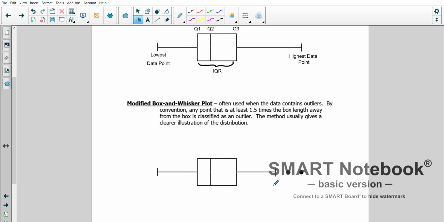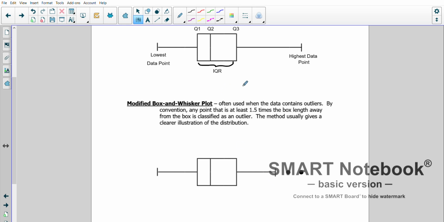So you did this in grade 9, and you would look at a scatter plot and you'd say, oh, that's an outlier because it doesn't follow the trend of the data.